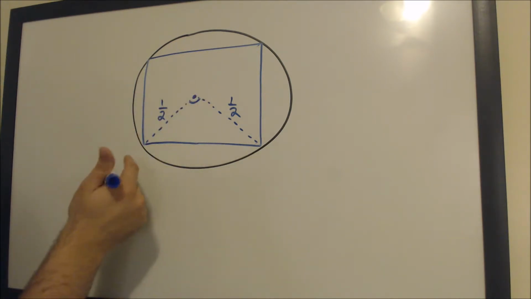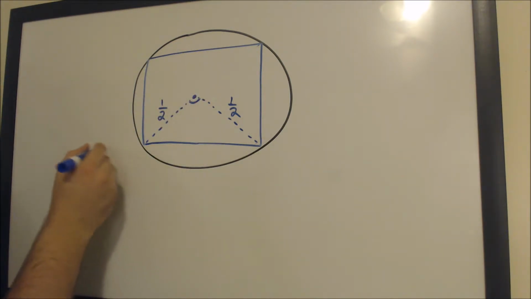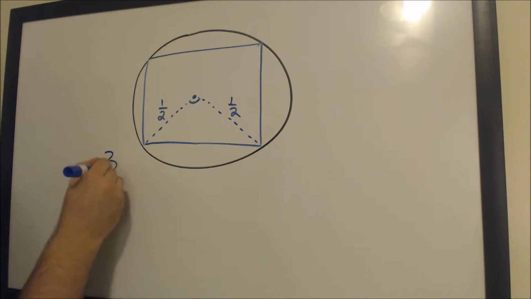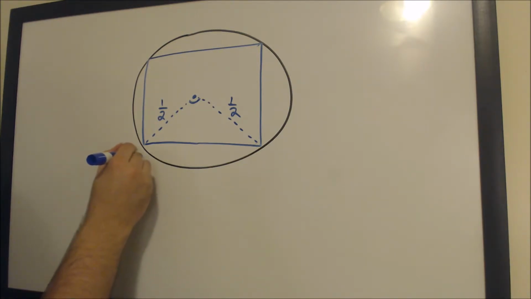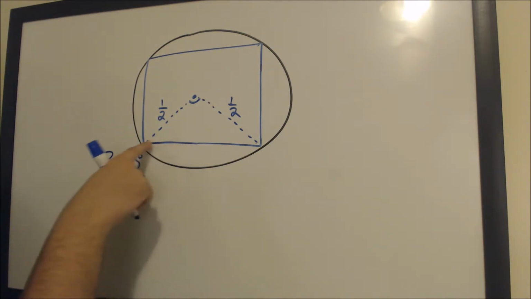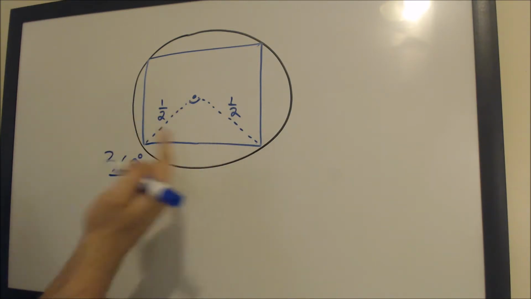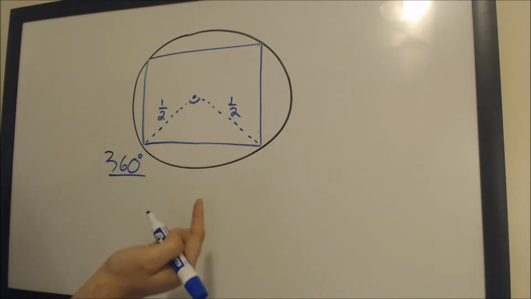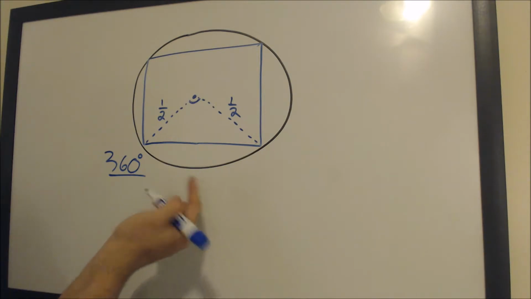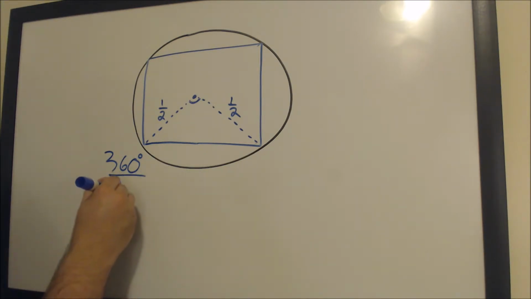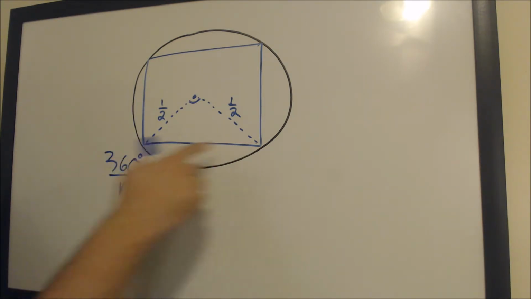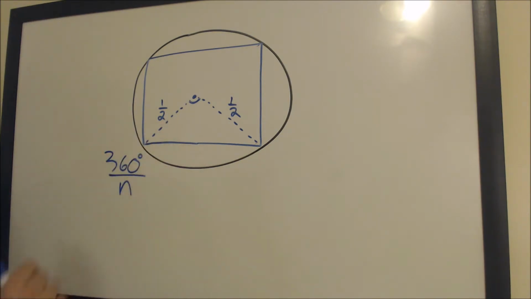Okay, so I would take my 360 degrees of my circle and divide it by, in this case, 4, but it actually is going to be divided by n because I want to be general, where n is the number of sides that I have. All right.